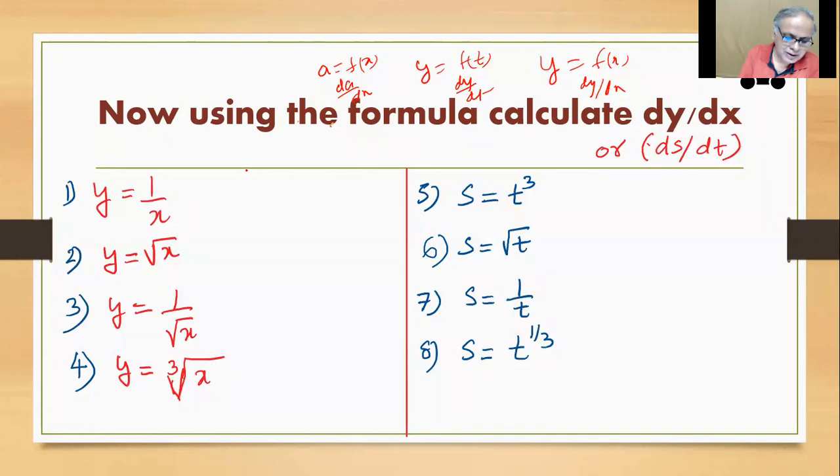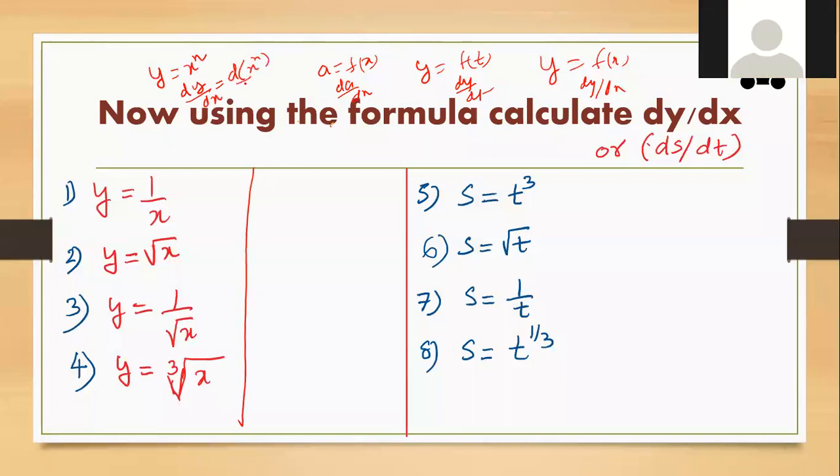All right. Now we'll start from y equals 1 by x. You can use the formula, children. What is the formula? Can you tell me? If y is x power n, dy by dx, which can also be written as d of x power n by dx, because in place of y I can write x power n, equals n into x power n minus 1.